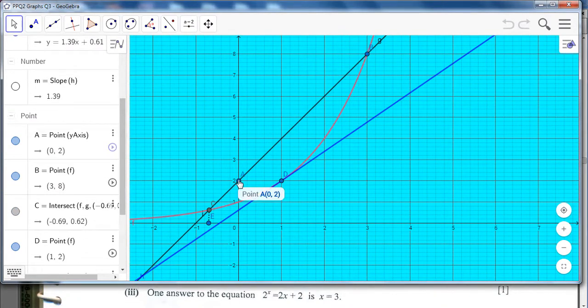Yeah, this is the point (0, 2), and that's the point (3, 8). So we plot these points and join an extended line passing through AB. So that's the line we're talking about. This is the line that you need to draw on the curve which already exists on the graph.